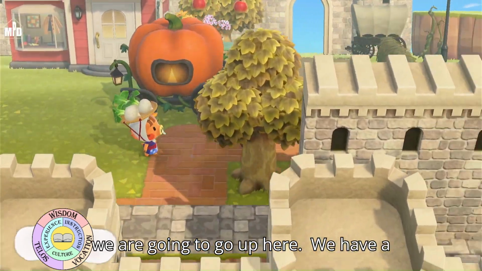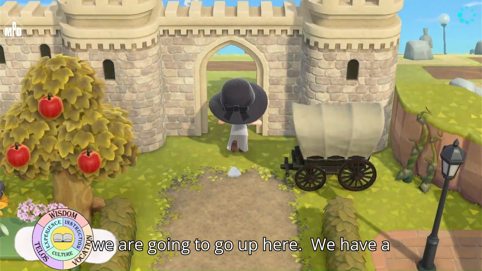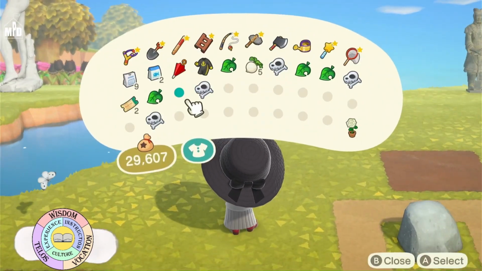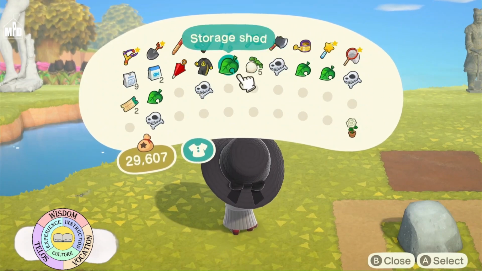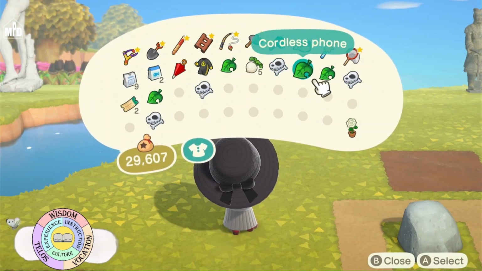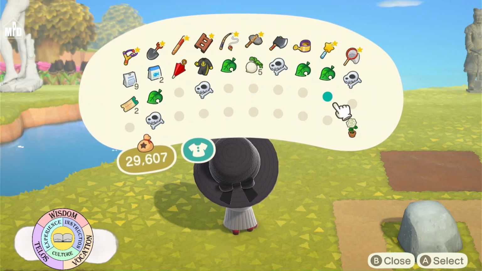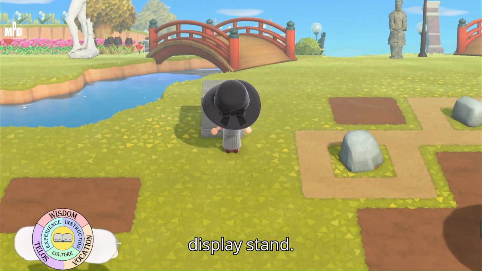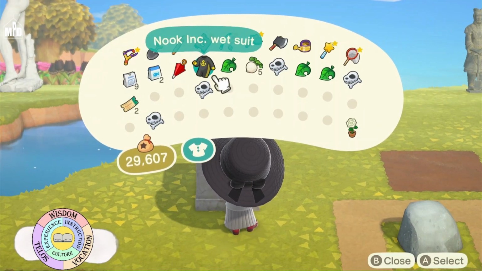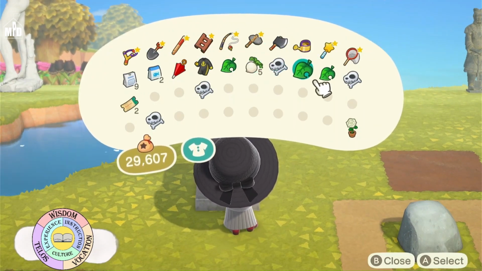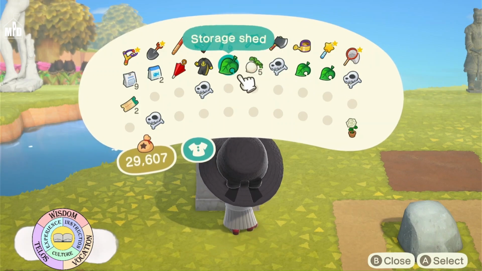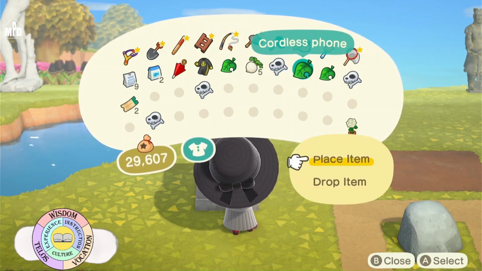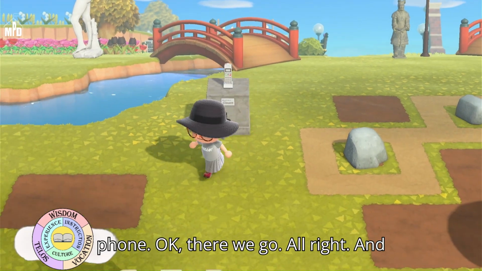All right, so we are going to go off. Up here, we have a little room to spread this out. All right, here we have a display stand. Phone. Okay, there we go.